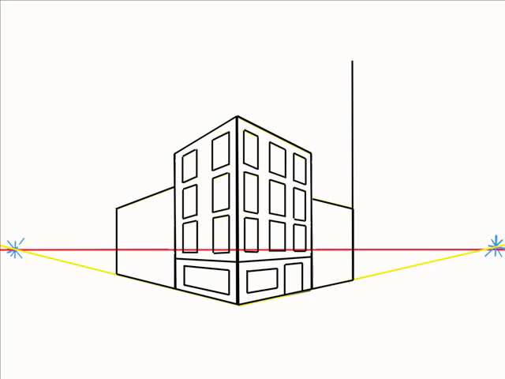We begin by making a tall vertical line. To make the front of that building, we line it up with the right vanishing point. Because this building is so tall, we're going to see a little bit of the upper part of the left side, so we have to line it up with the left vanishing point.